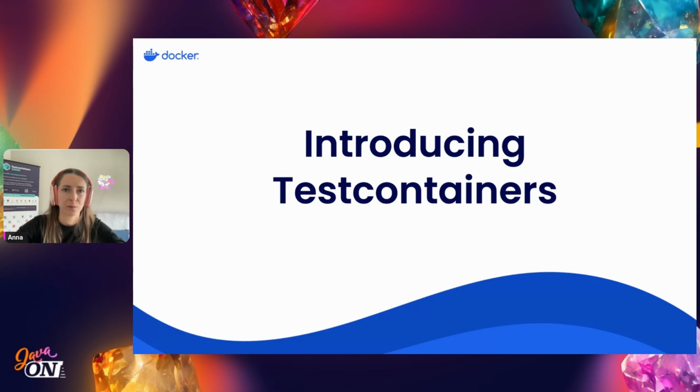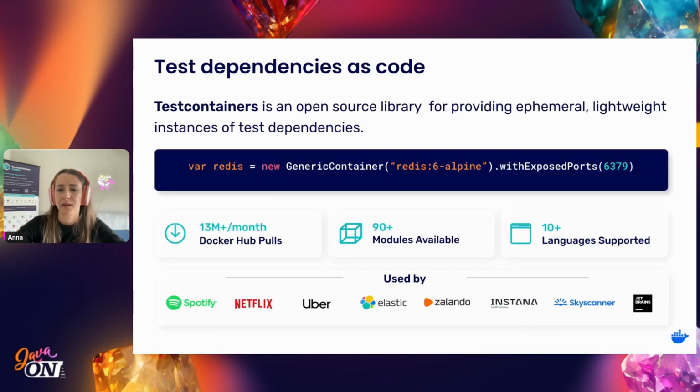So here we come to the stage of introducing Testcontainers. You can think of it as an open source library, and it provides you with lightweight instances of real services, like real databases, real message brokers, put into Docker containers. And you can access these services through the programmatic API.